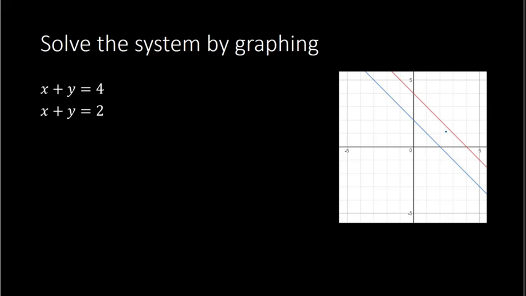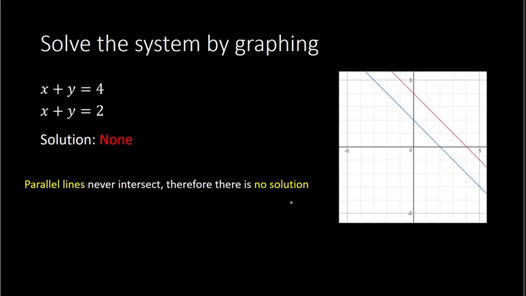Now notice these two lines are parallel. They don't intersect at all. So therefore, there is no solution. And that's because anytime you have parallel lines, they will never intersect. So therefore, there is no solution, because by definition, the solution is where the lines intersect.